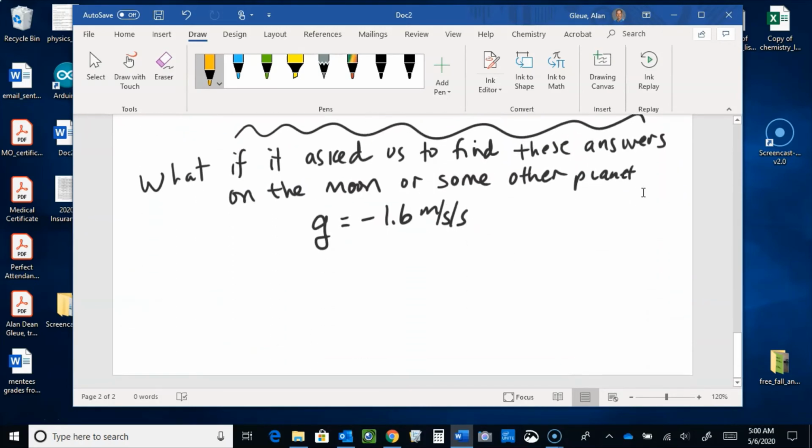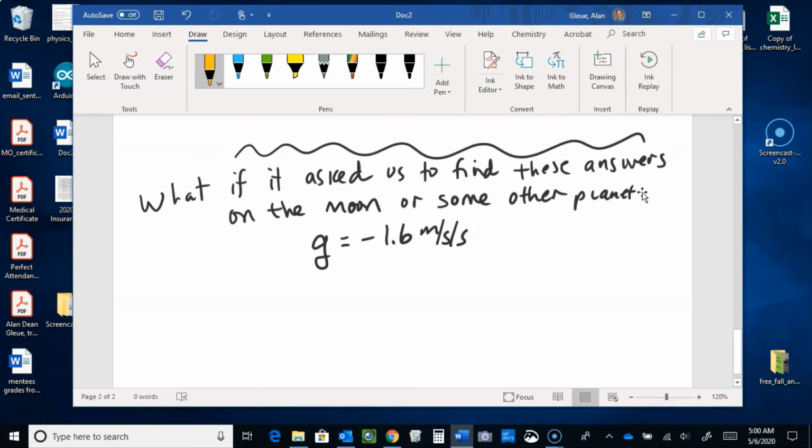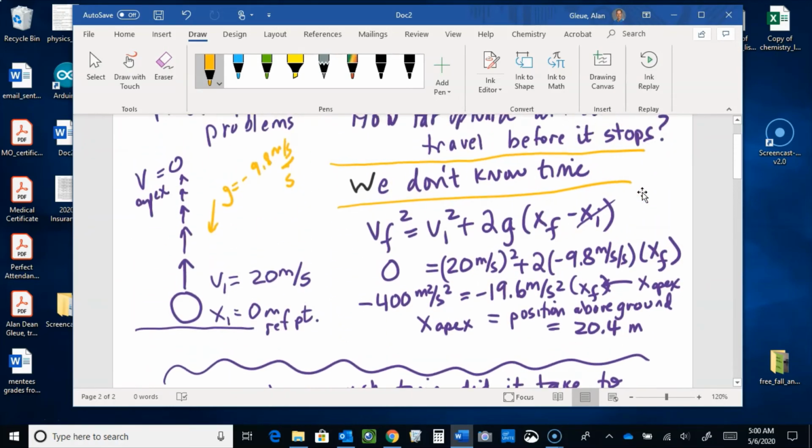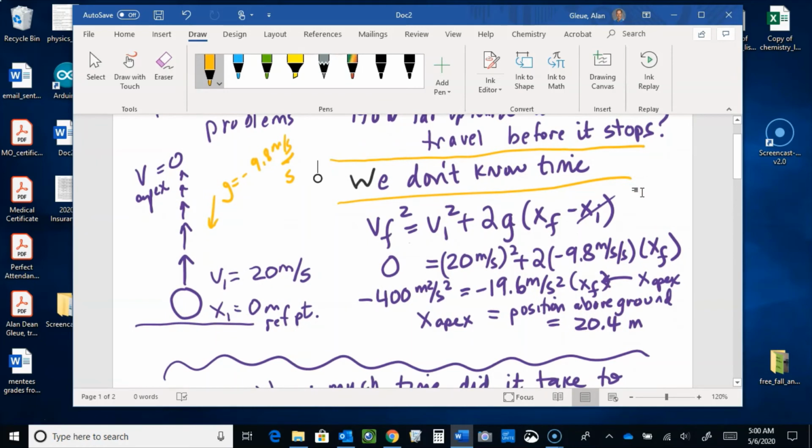Finally, there might be some questions about free fall problems on other planets or the moon or whatever, and all we have to do is use these same equations, but we're just going to exchange the g.